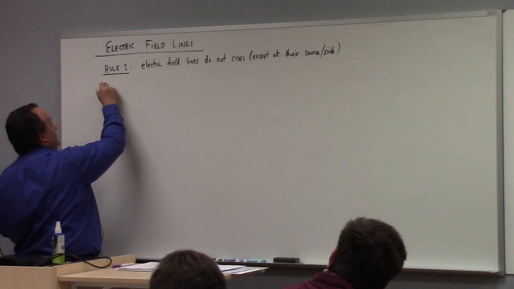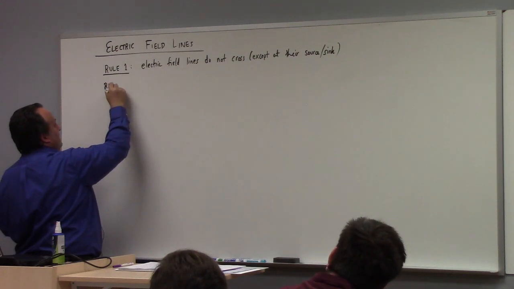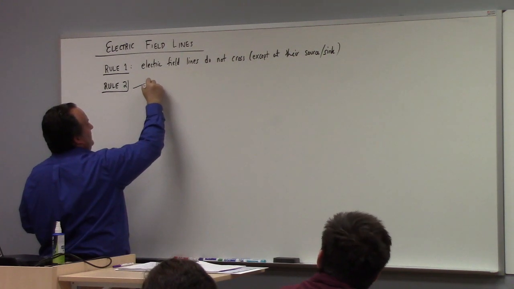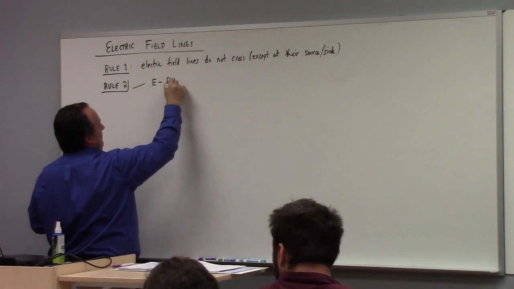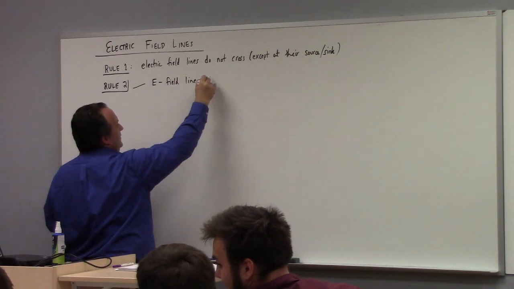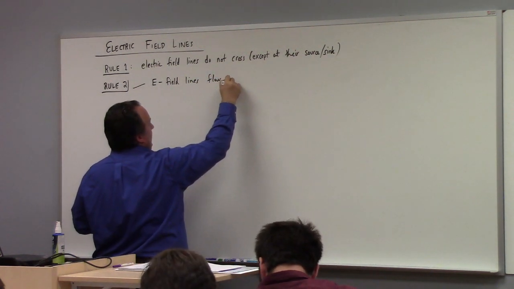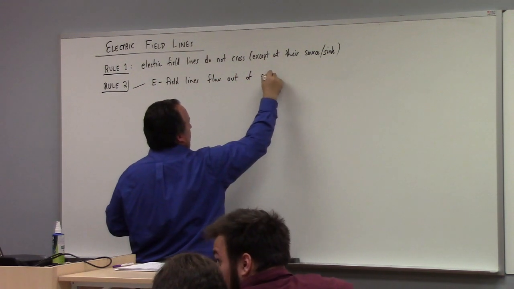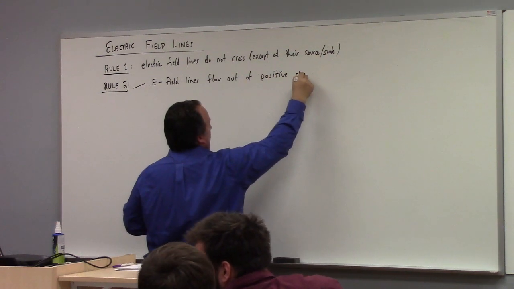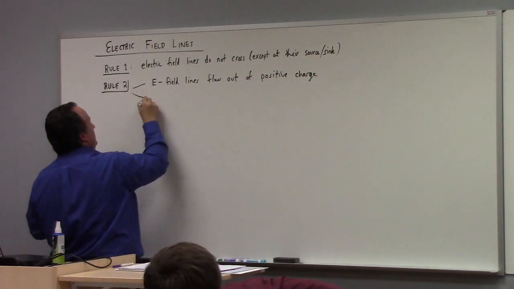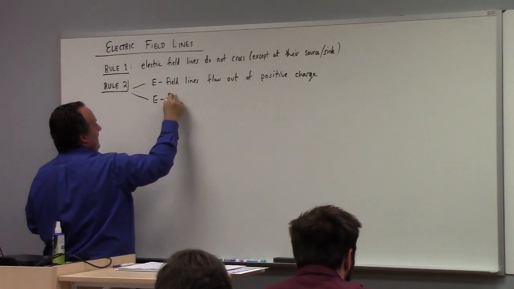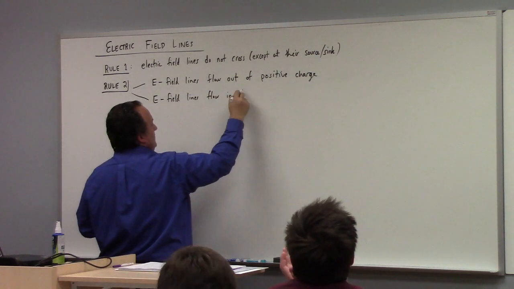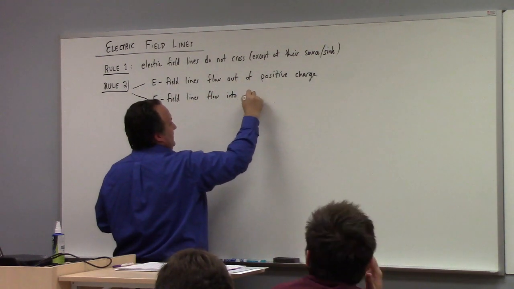And then rule number 2, which kind of has 2 parts: electric field lines flow out of positive charge, and they flow into negative charge.